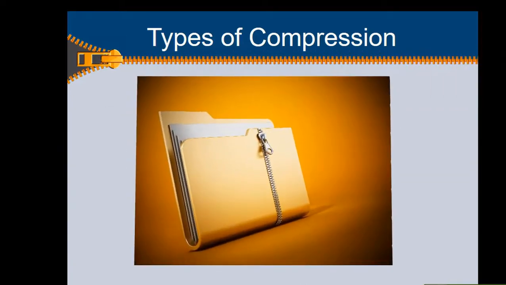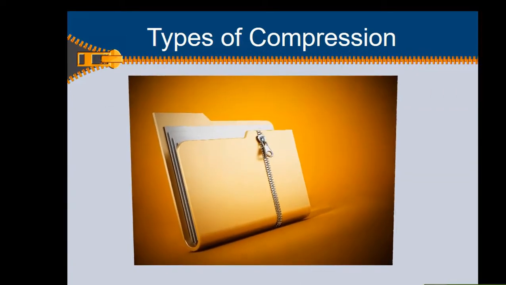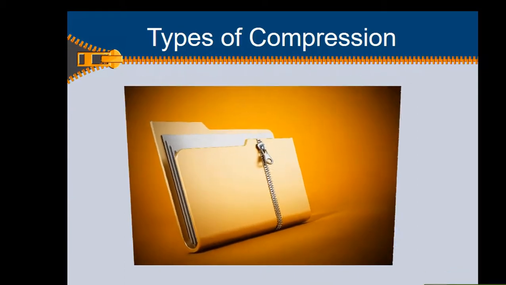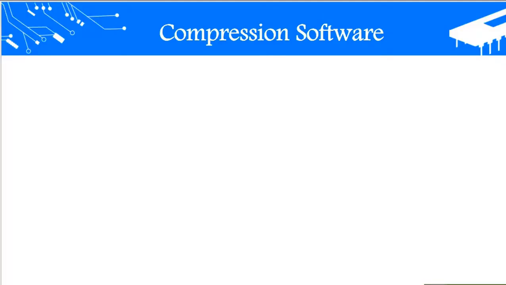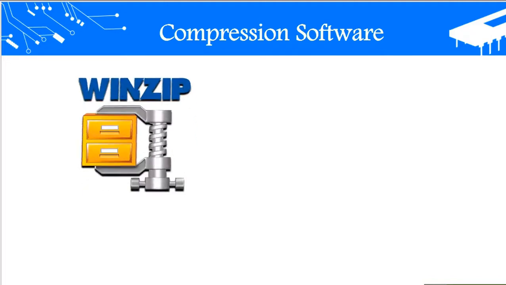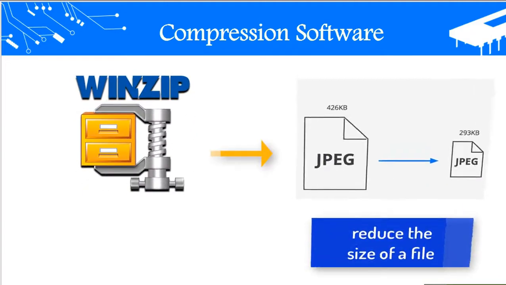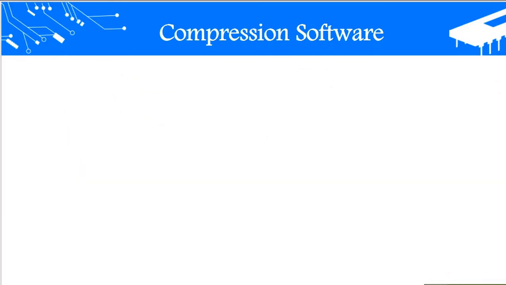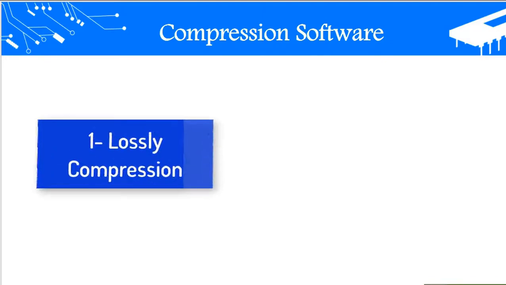So, when compressing a file, the data is sent in a short period of time. Compression software, such as WinZip, will reduce the size of a file. There are two types of compression known as lossy and lossless.